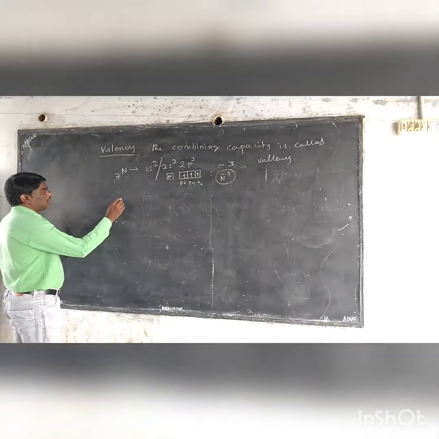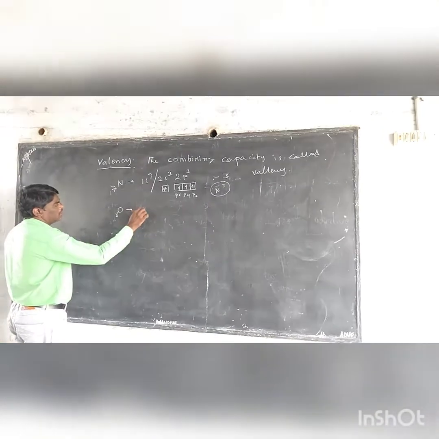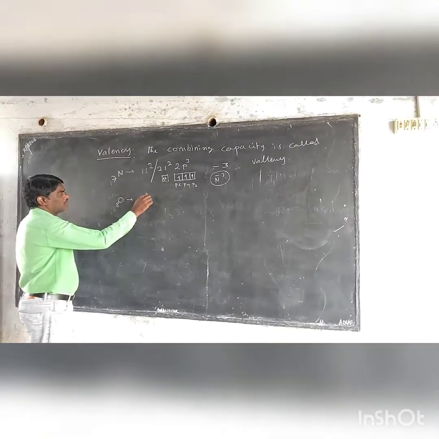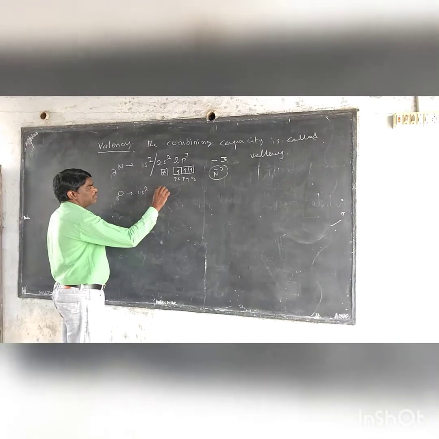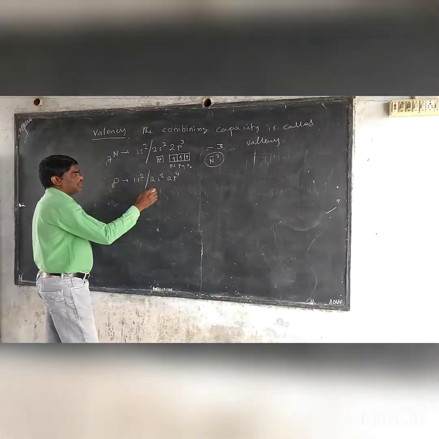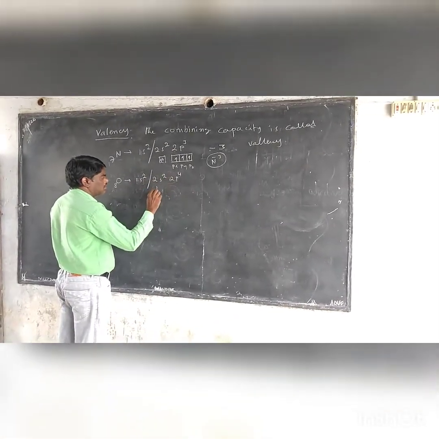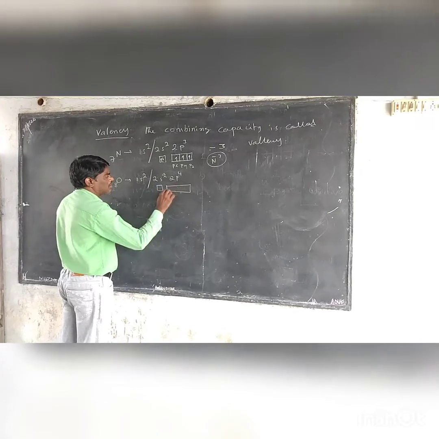Now next one is important, oxygen. Oxygen atomic number 8, electron configuration 1s2, 2s2, 2p4. The first shell has 2 electrons, the second shell has 6 electrons, in s and p orbitals.